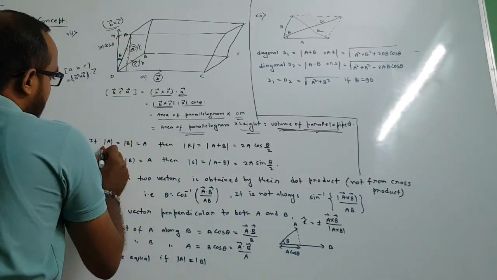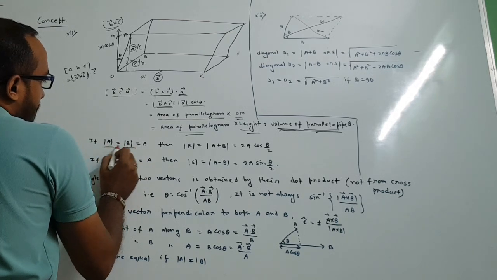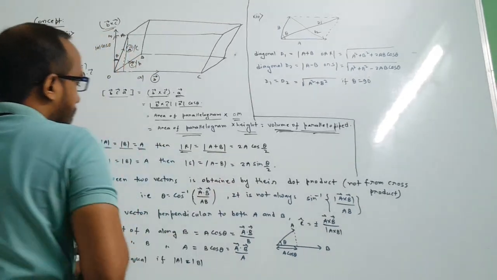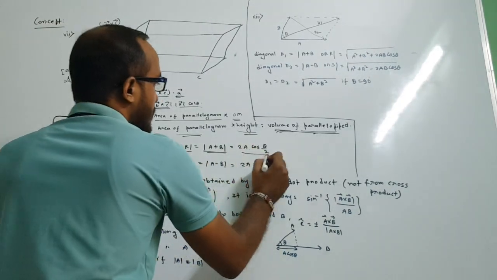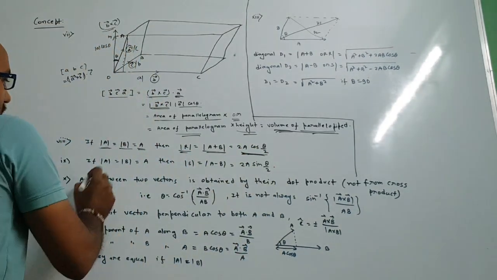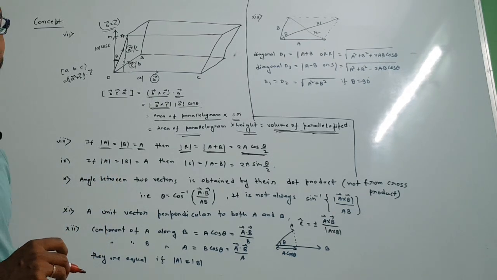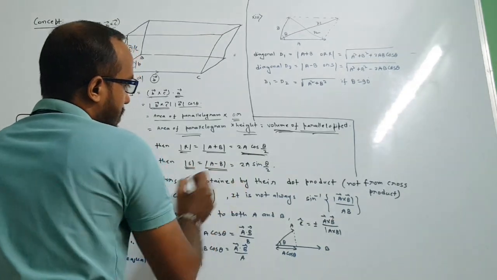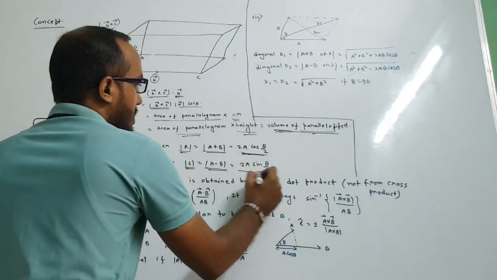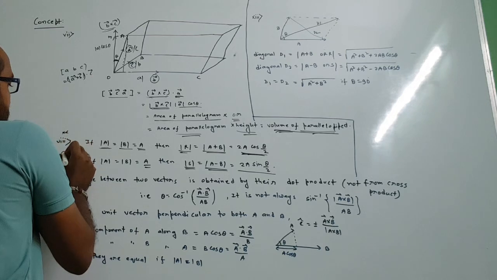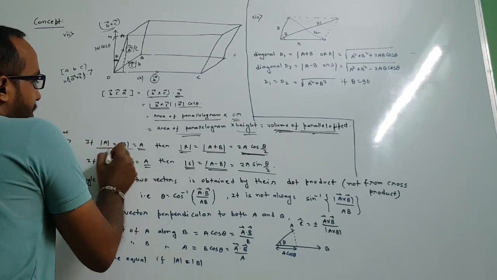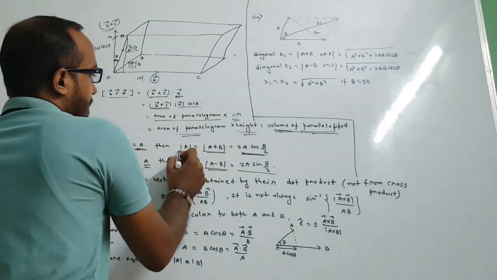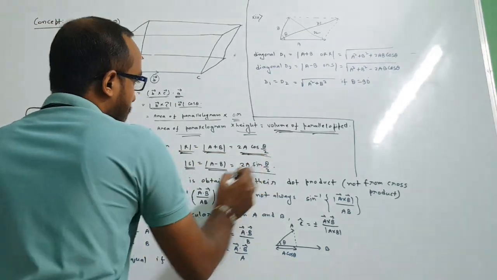Now remember these two things. If mod A equals mod B equals A, then the resultant R, that is mod of A plus B, would be 2A cos theta by 2.